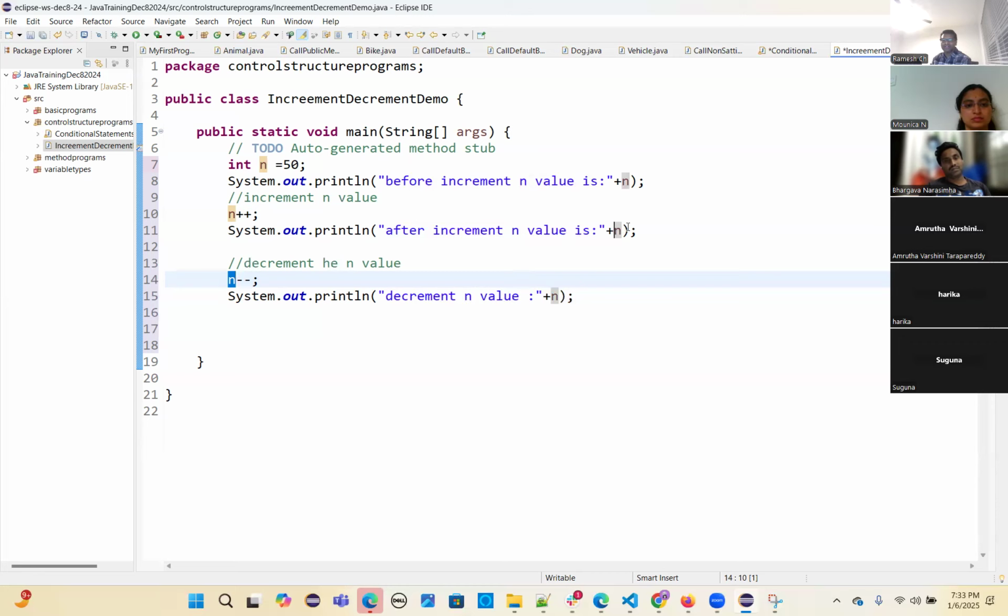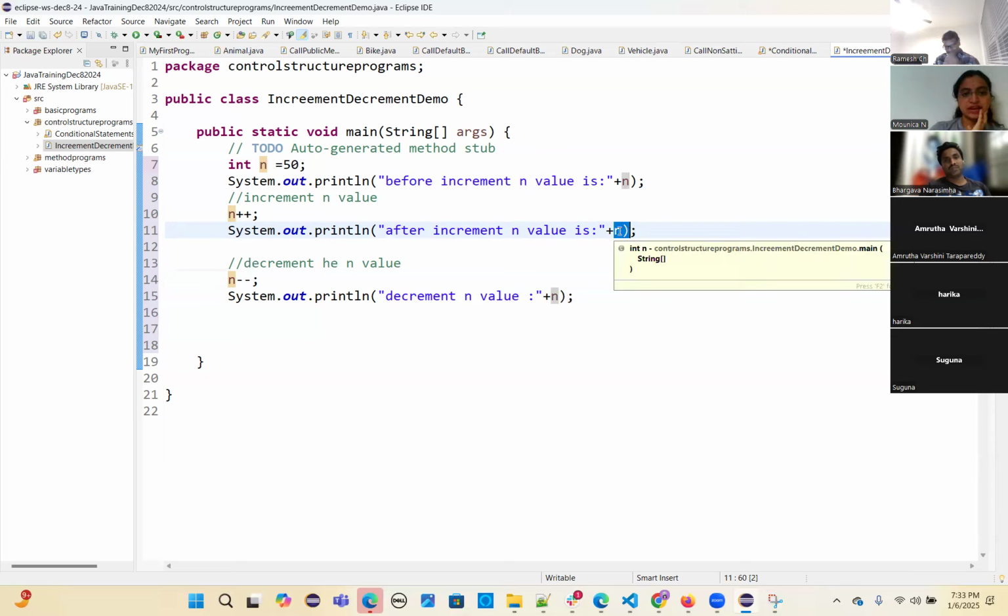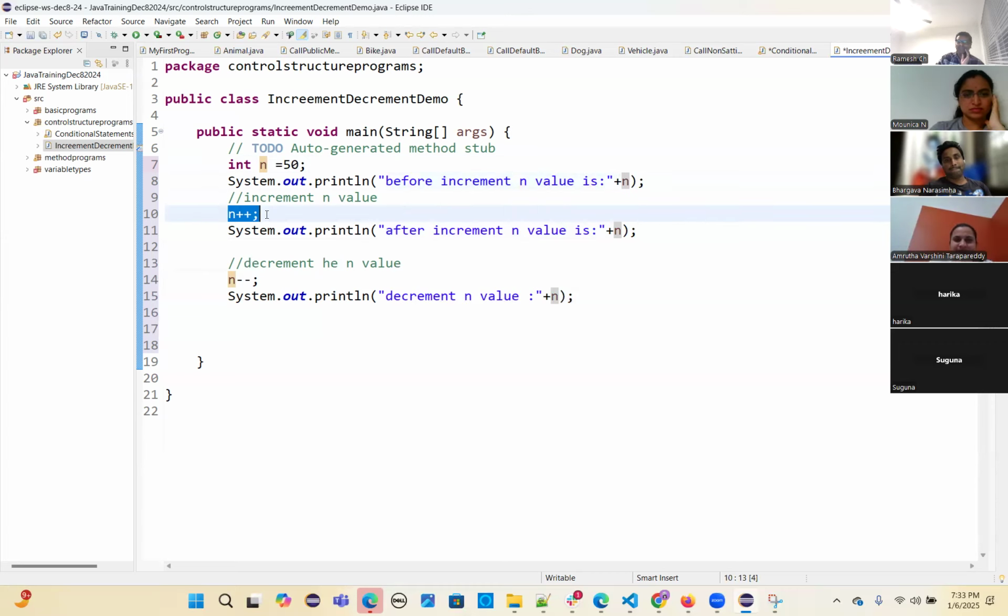What is the n value here? 50, sir. Here you told the value is 50, and you incremented by 1.